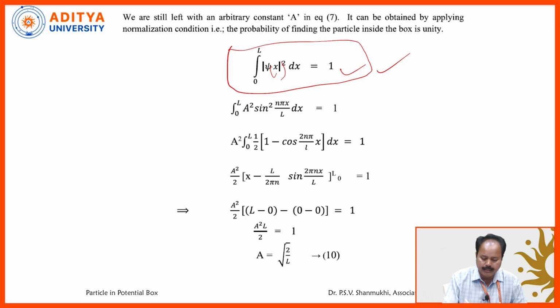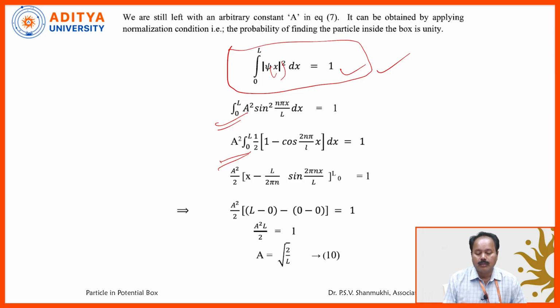A is a constant term, so write it outside the integration. Inside, integral 0 to L, sin square theta means (1 minus cos 2 theta) divided by 2.